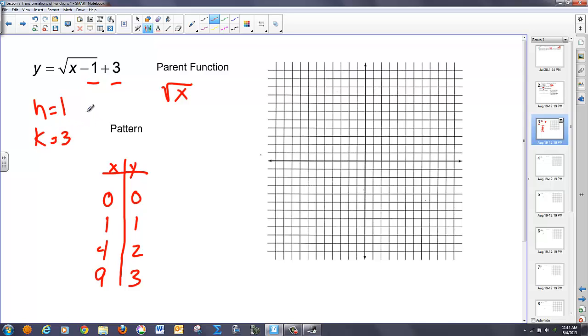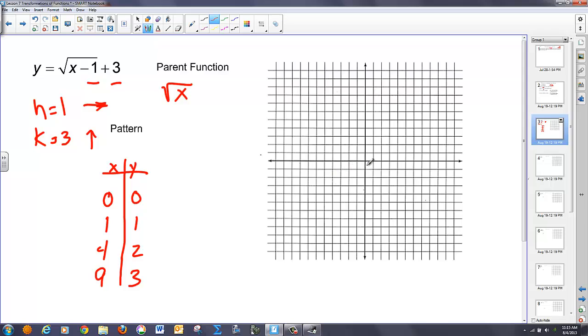So what this does is it translates your graph to the right 1 unit and up in this case 3 units. So what I'm going to do is graph every one of these points moved over 1 and up 3.